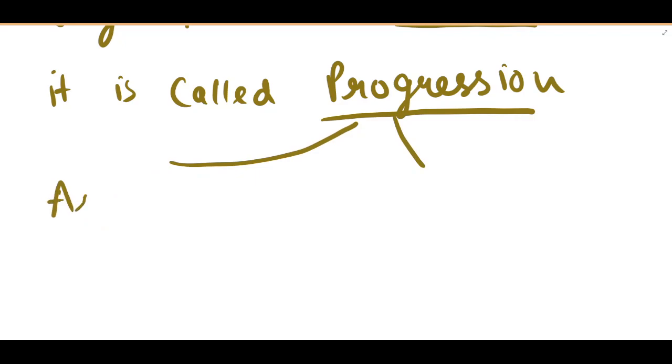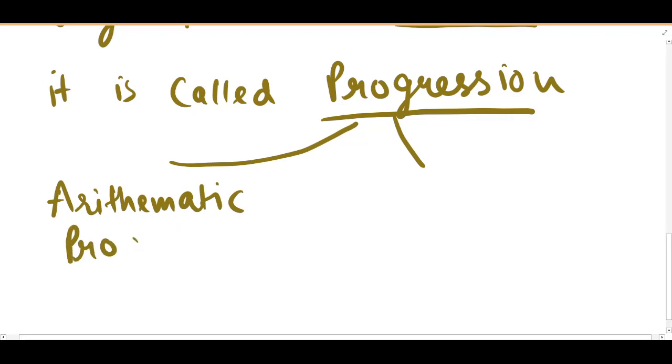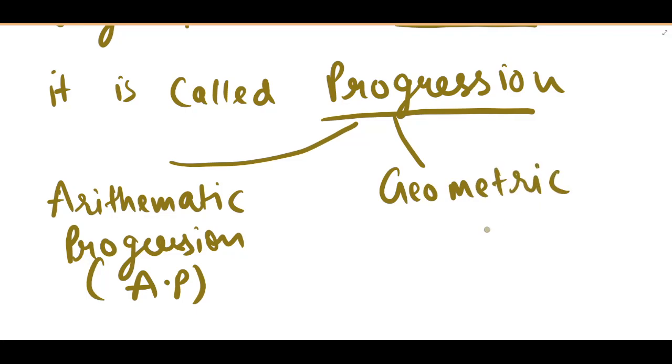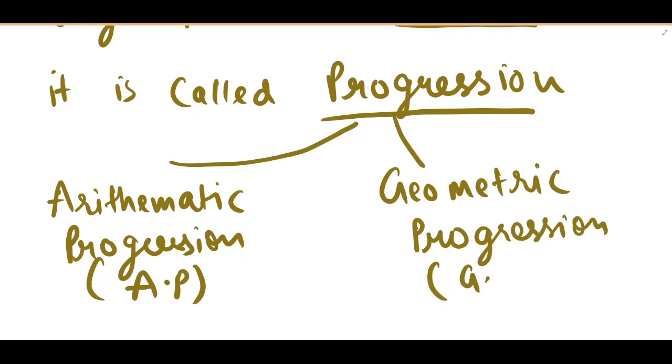First is arithmetic progression, also known as AP. And second is geometric progression, which is known as GP.